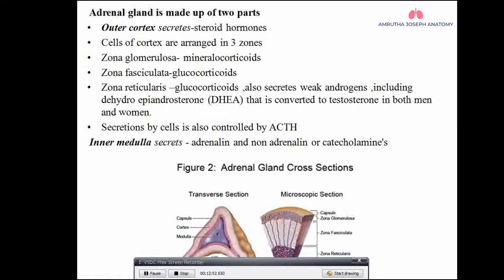Histologically, adrenal gland has two layers, outer cortex and inner medulla. Of course, there is a capsule which is covering the adrenal gland.